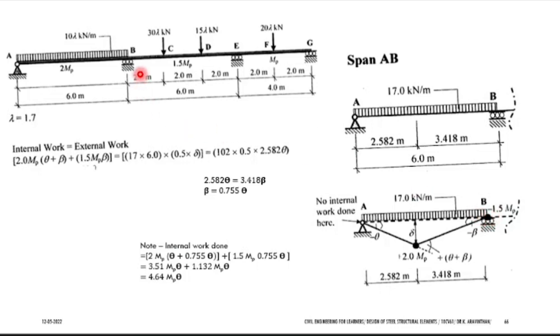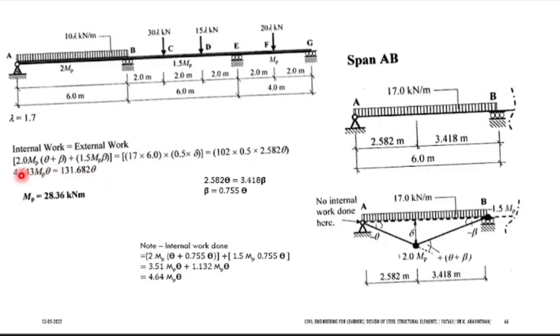Because from the span B to E, the value is 1.5 MP. Okay. Now if you add this, you will be getting 4.64 MP theta. Now you equate 4.64 MP theta equal to 131.682 theta.